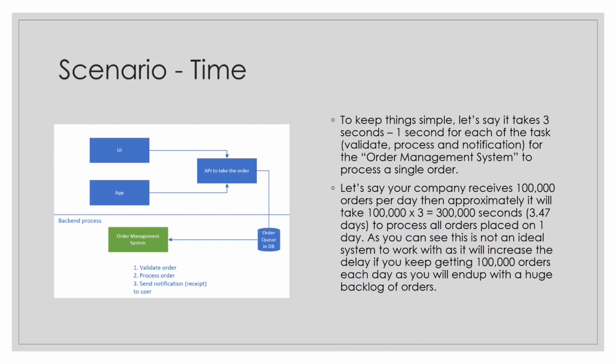If the user has to wait 3.5 days to receive a notification saying that we have successfully received the order, it's not going to be a good system. Plus, every day you'll get more and more orders. So, for example, if every day you're getting 100,000 orders, then that 3.5 days is going to go exponential, and eventually you'll have more than a million orders to process, and you don't have time to process all of them.